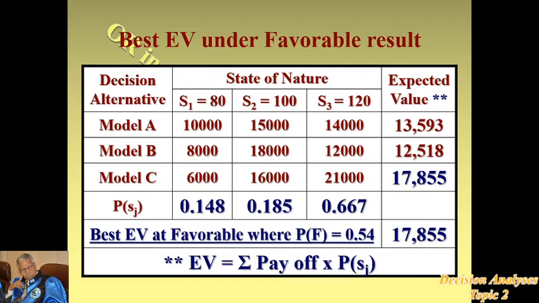The largest is model C, expected value 17,855. The probability of favorable is 0.54. These two figures we have to keep in mind.